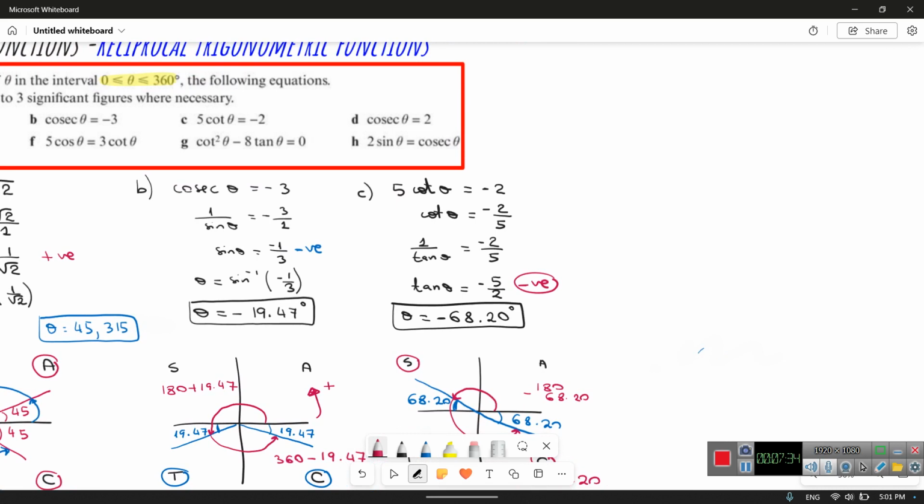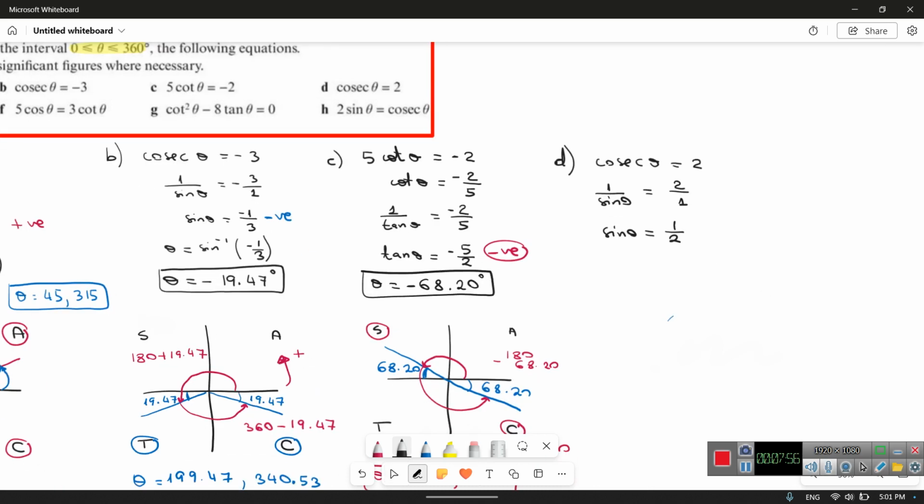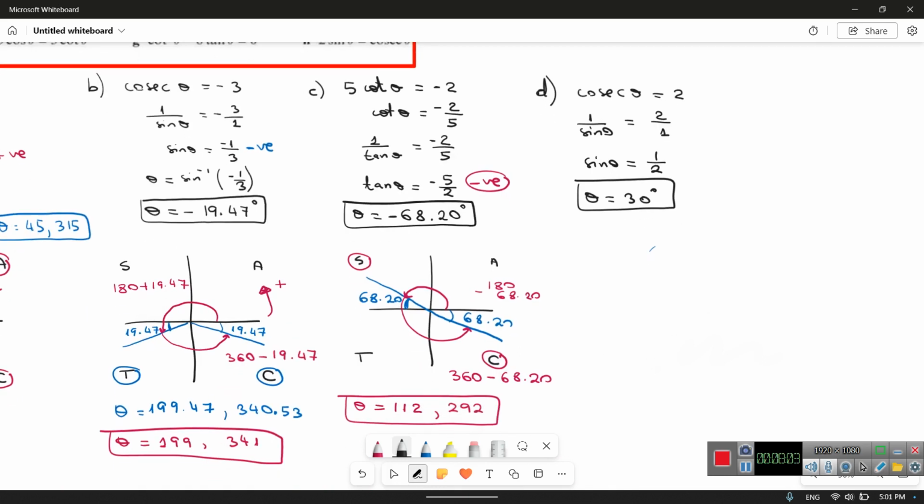Part D, we have cosec theta equal to 2. We can rewrite cosec as 1 over sine theta equals 2 over 1. So sine theta is 1 over 2. If I use a calculator, the angle on our calculator will be 30 degrees. We do the quadrants: all, sine, tangent, cosine.